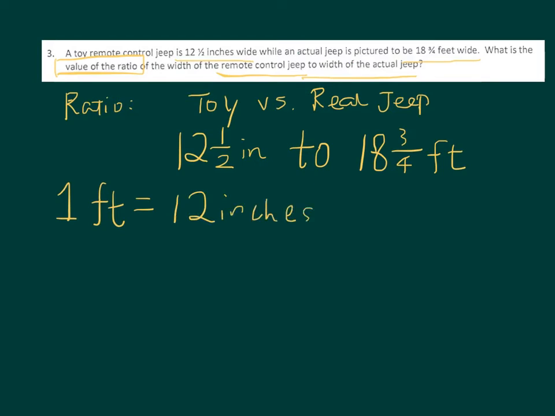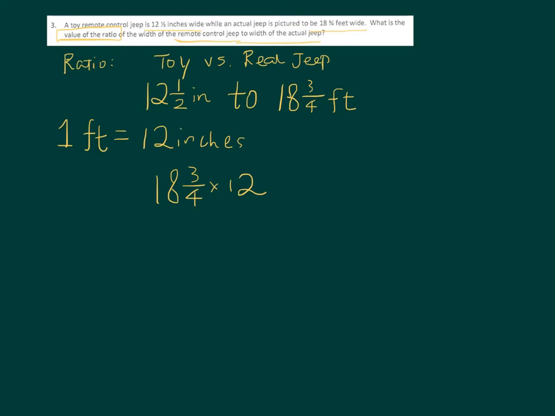So in order for me to convert 18 3/4 feet to inches, I would have to start by doing 18 3/4 times 12 first. Okay, to give you a freebie to save time here, I'll tell you what this is. So 18 3/4 times 12 is 225.